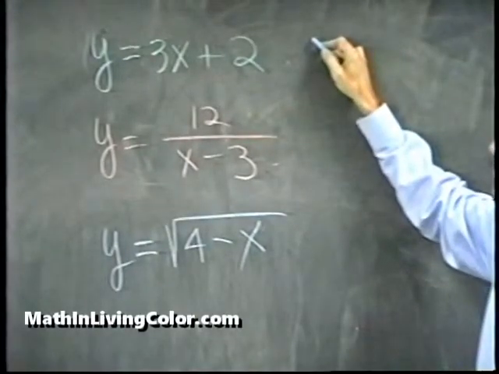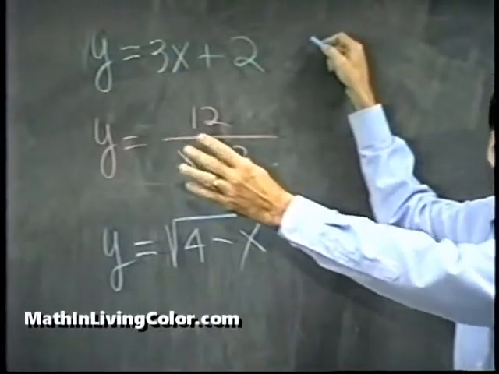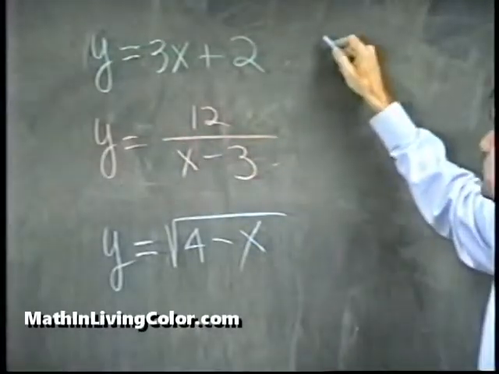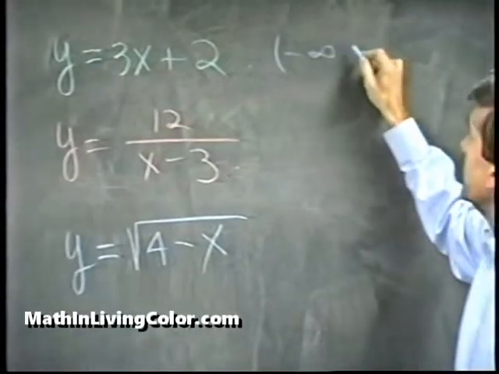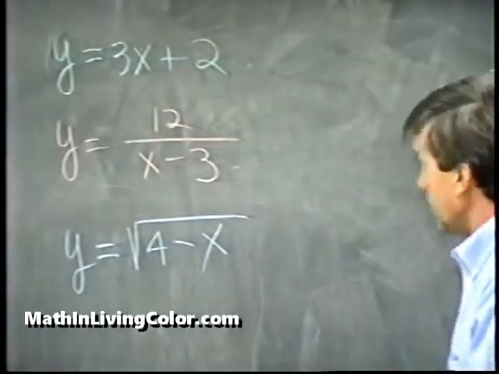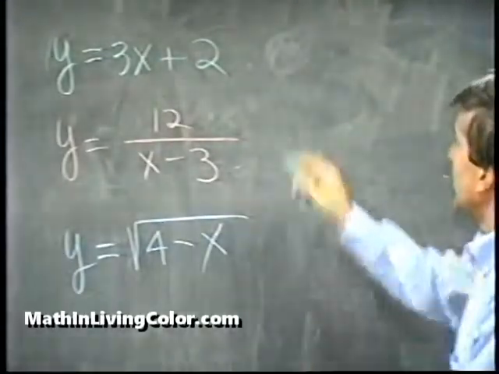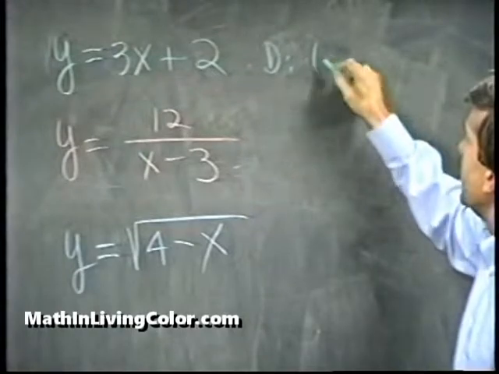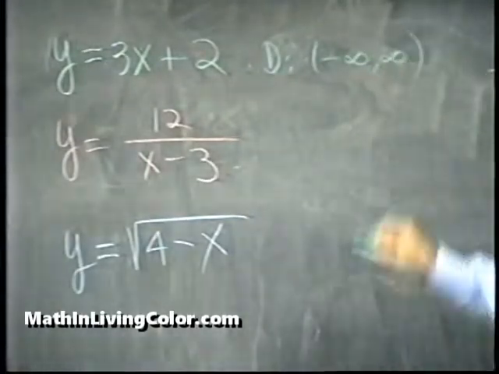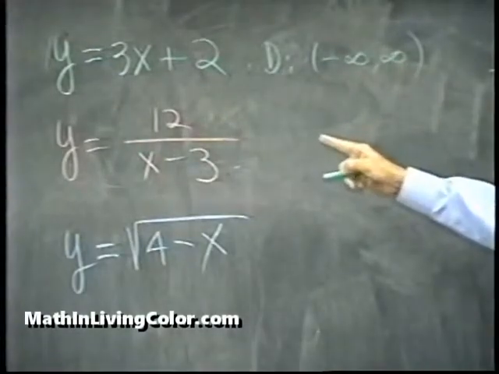From 0 to infinity? From 0 to negative infinity? In other words, from negative infinity to positive infinity. Got the wrong color. The domain is negative infinity to positive infinity, right? Okay? Now, what about the second one?